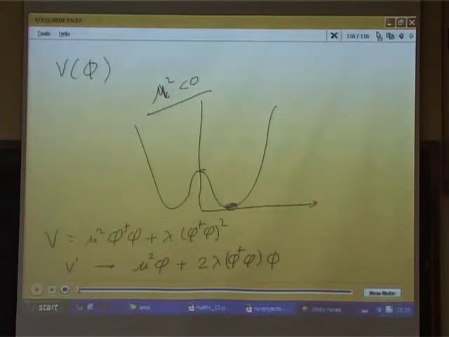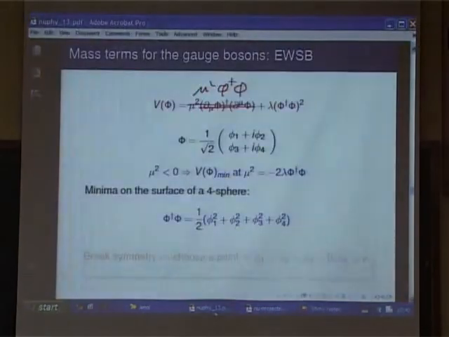If I want this to be equal to 0, my minimum is at phi dagger phi equal to minus mu square by 2 lambda. It is similar to what we had in the case of the simple vacuum. Okay, so this is the condition.